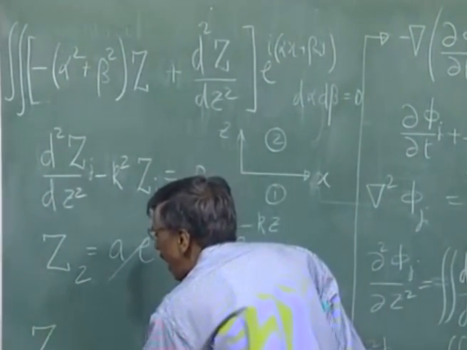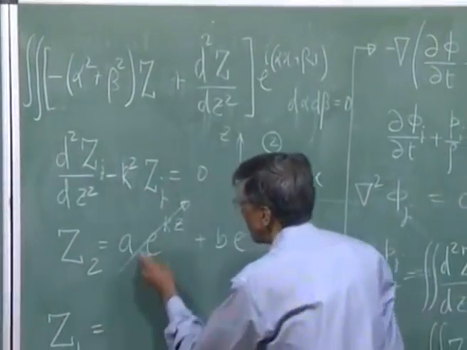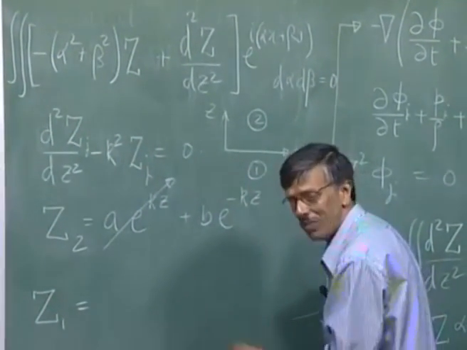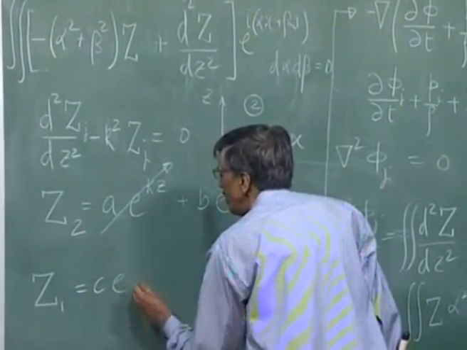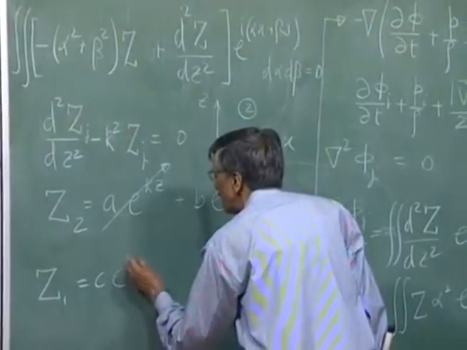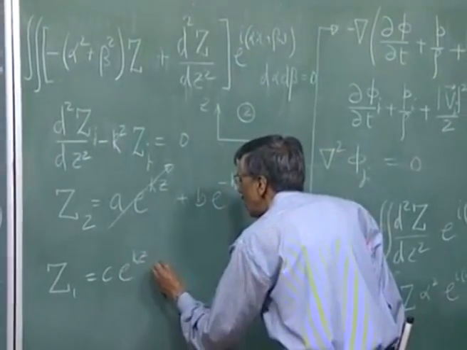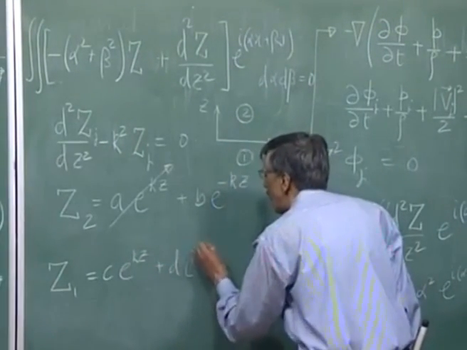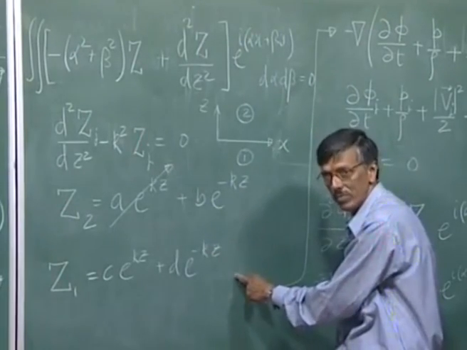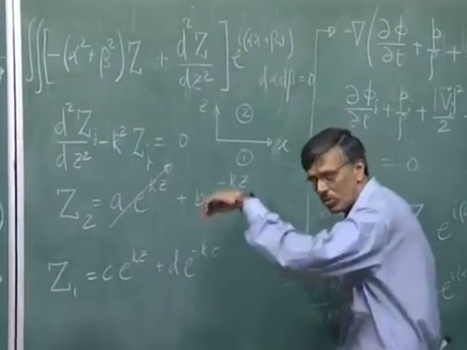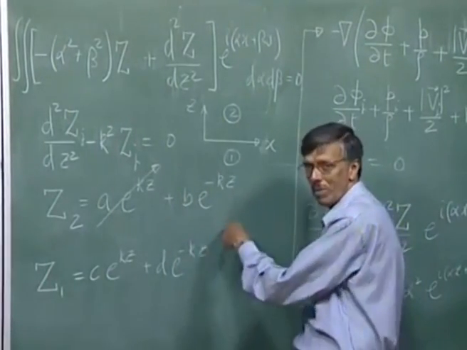Similarly, I will get for Z1 two similar factors, which I can write in terms of C and D: C e to the power k z plus D e to the power minus k z, and this solution is valid for negative z. When z goes to minus infinity, this term must go away.